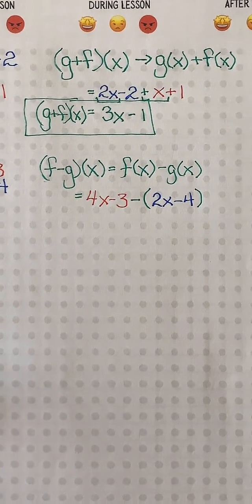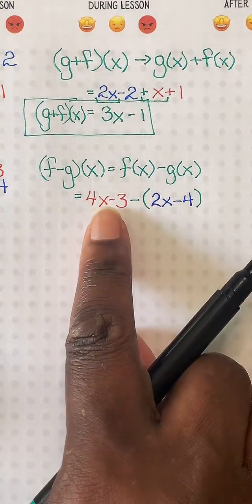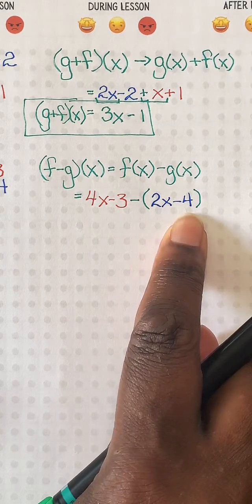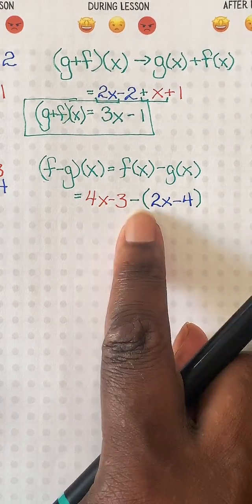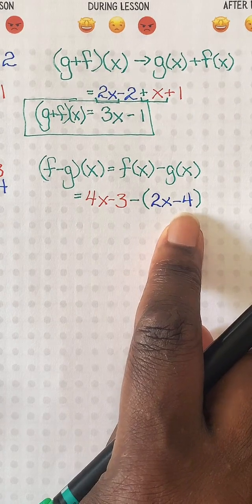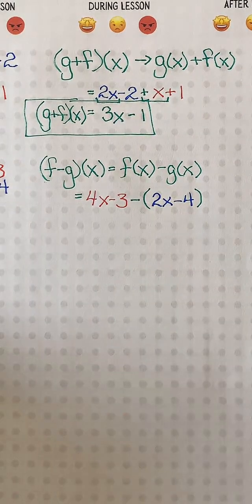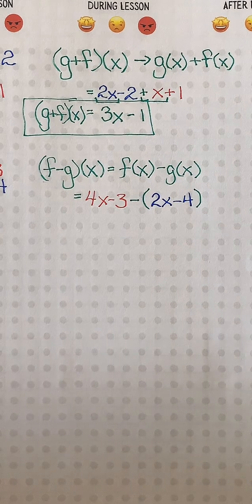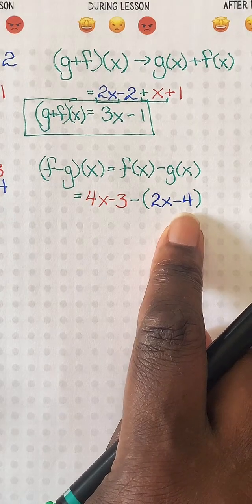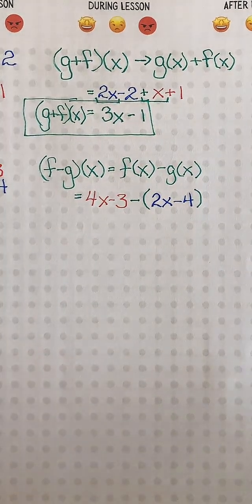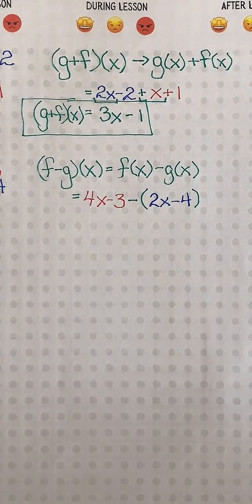So this is when you're going to do what's called keep, flip, change, or KFC. Hey, we all like chicken. Why are we doing this? You're probably thinking, that's so unnecessary.